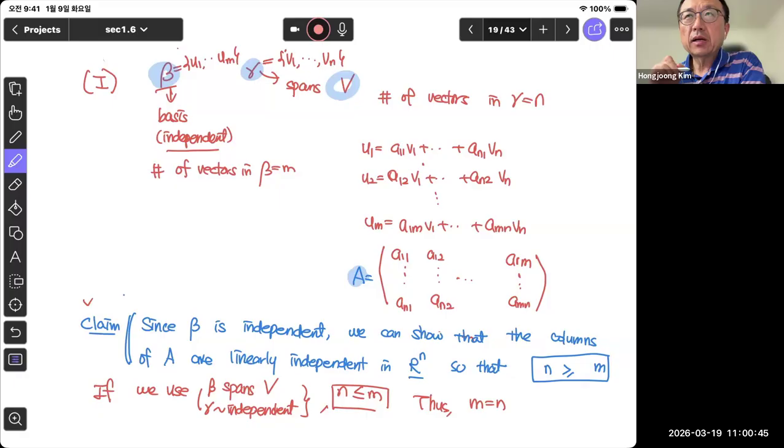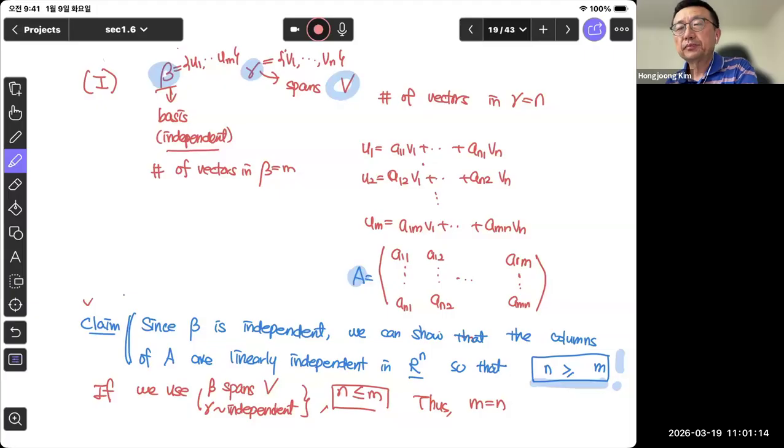Previously, beta and gamma were some vectors in vector space V. This V can be a space of polynomials or a space of matrices, whatever, right? But I'm just replacing the viewpoint with the numbers. And then if I have that matrix A, then I can claim this one.